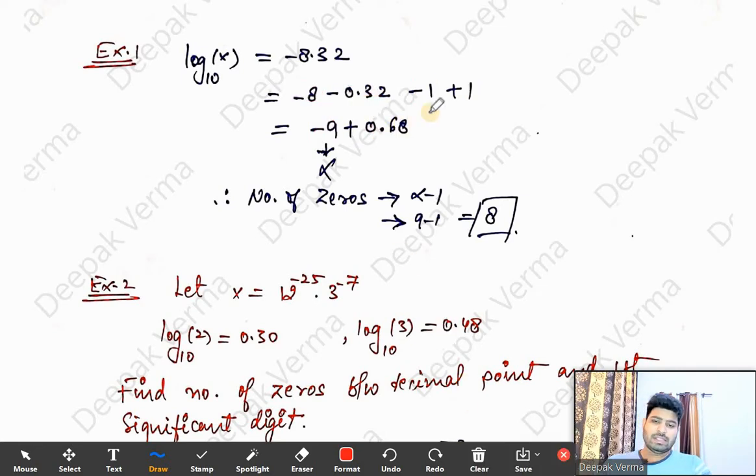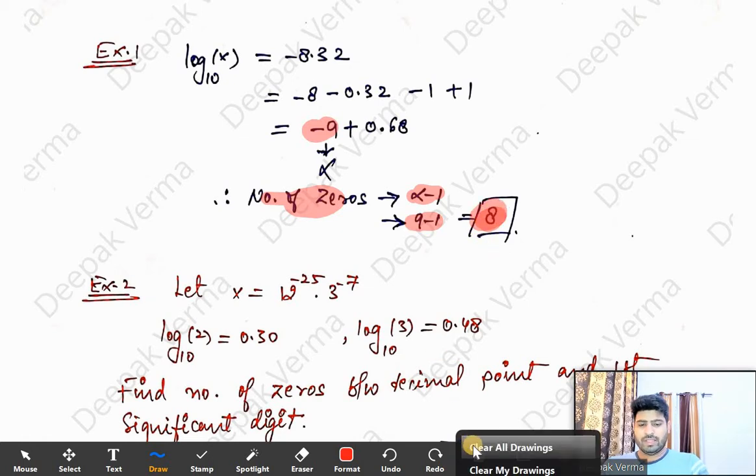So you can clearly see here the mantissa part has become positive now, and this is the characteristic. The characteristic is what? Minus 9. So alpha is 9. So according to our concept, the number of zeros will be alpha minus 1, that is 9 minus 1, we will get 8. So this will be the answer. Hope it is clear.